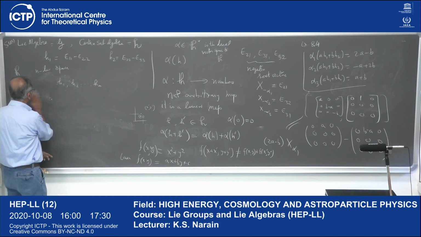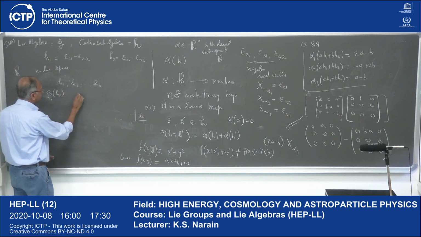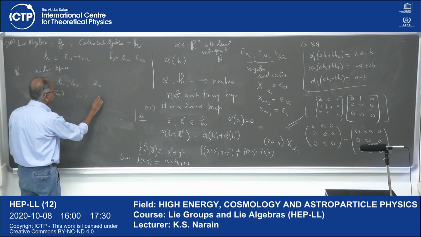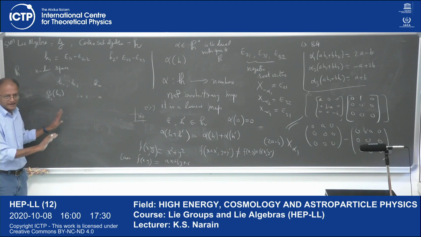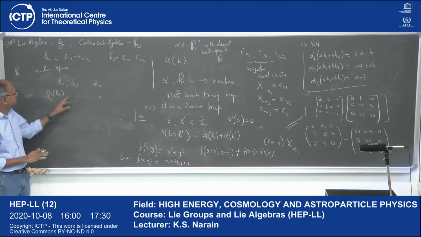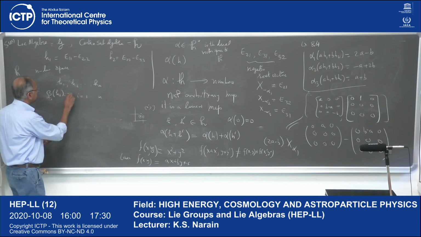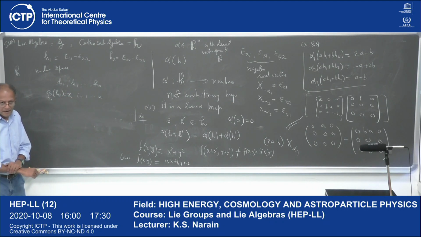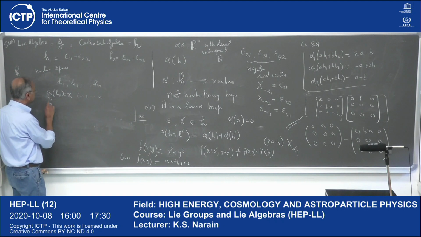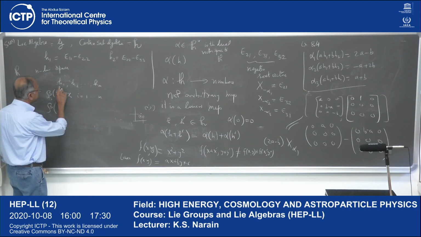So let's say I know beta of all the Hi, I going from 1 to n. Somebody has given me, okay, beta acting on this is something, let's say, I don't know, Xi.